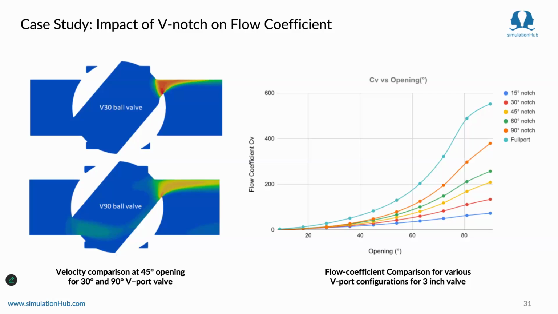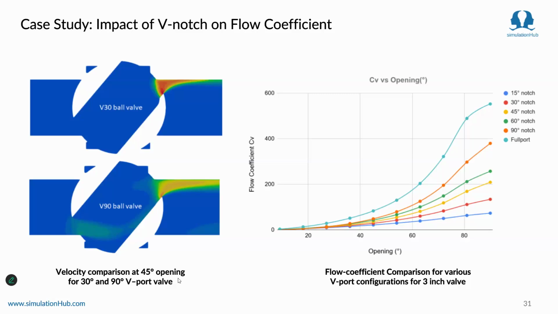It's moving from linear to say equal percentage, and in full port ball valve, it's the characteristic of the full port ball valve. So the insight from CFD that we get here is, as the V notch increases, the maximum velocity in the domain will go on decreasing.